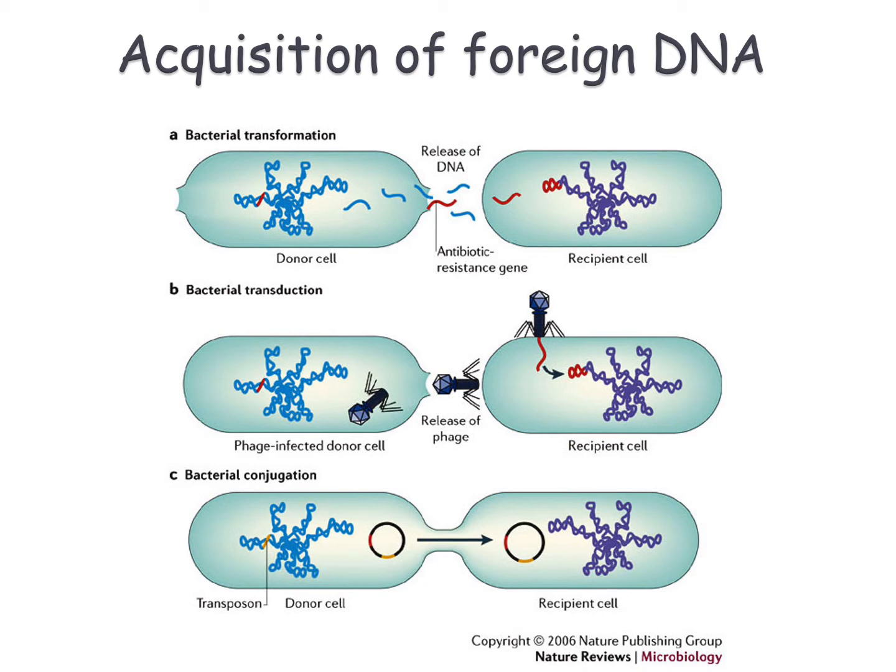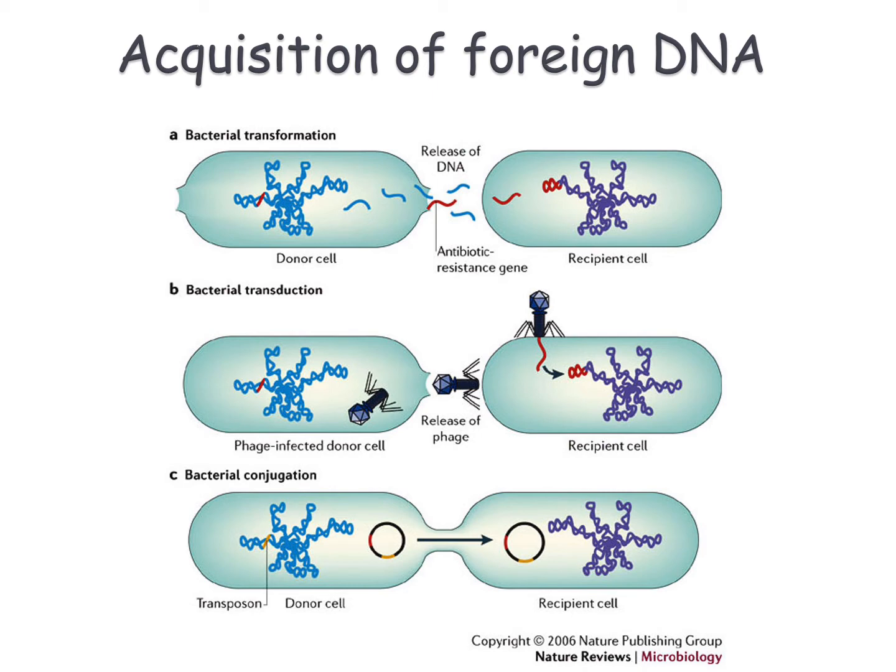Most of the time when it does that, it does it pretty precisely, and it just excises the viral DNA and packages that. But once in a while, it can take some of the host chromosome with it. And if that happens and it goes and infects another cell, it can introduce that DNA from one bacteria into another.